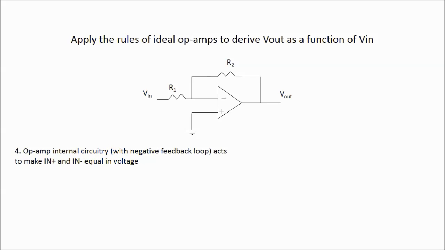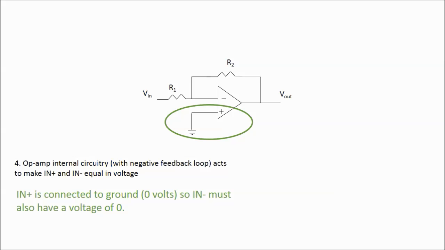Okay. So the first rule that we're going to apply is actually the fourth one that I listed. That op-amp internal circuitry, in the case when we have a negative feedback loop, acts to make the two input terminals have the same potential, or be at the same voltage. Okay, and we do have R2 as a negative feedback resistor, so that means the two input terminals of the op-amp will have the same potential. How does that help us?